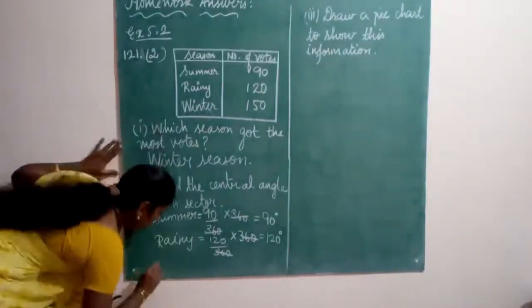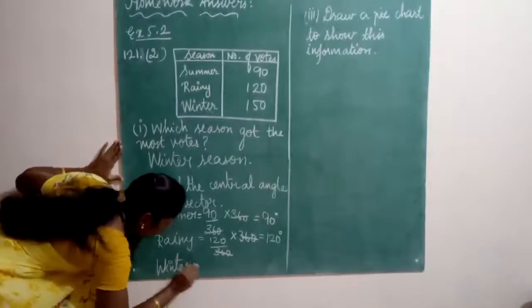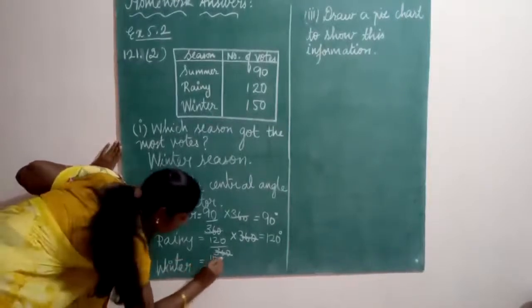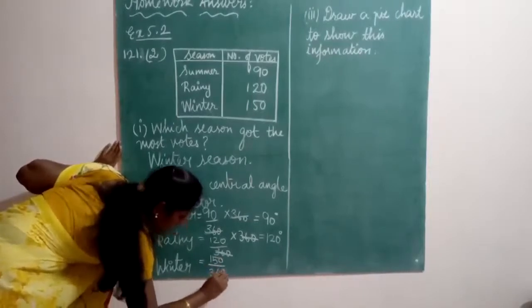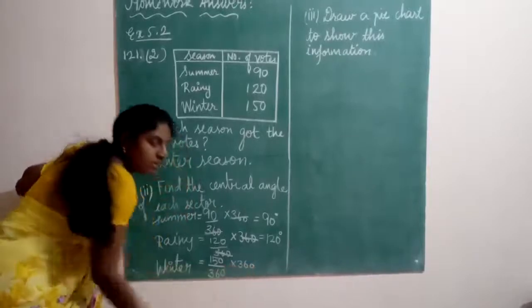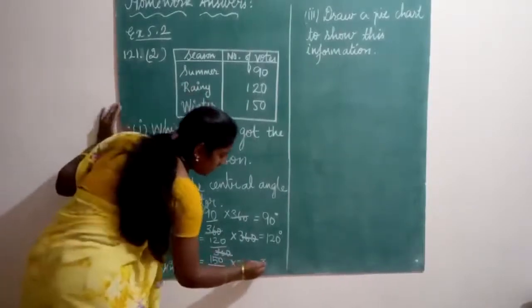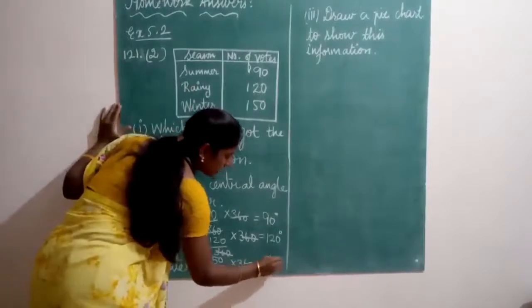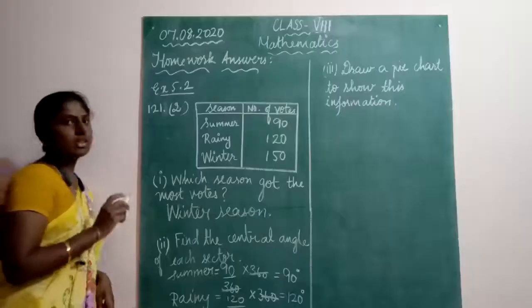We have 150 people voted for winter, so 150 divided by the total number of people, 360, into 360. Why 360? Because the angle of a circle is 360. The 360s get cancelled and you will get again 150 degrees as the central angle of winter season. Clear?